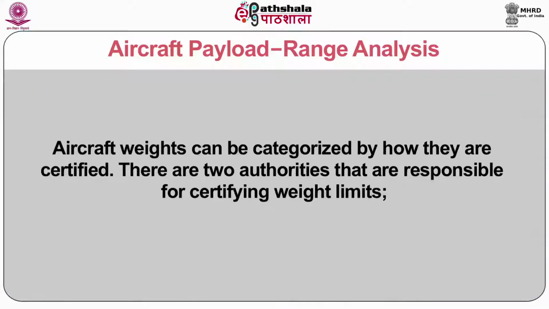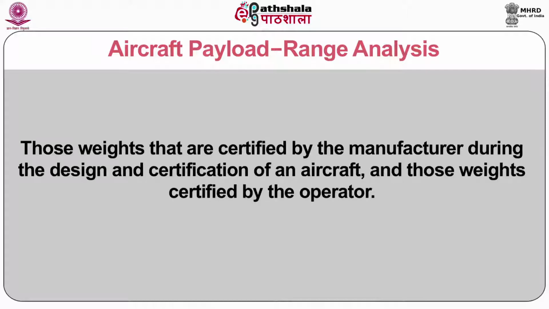Aircraft weights can be categorized by how they are certified. There are two authorities that are responsible for certifying weight limits. Those weights that are certified by the manufacturer during the design and certification of an aircraft, and those weights certified by the operator.